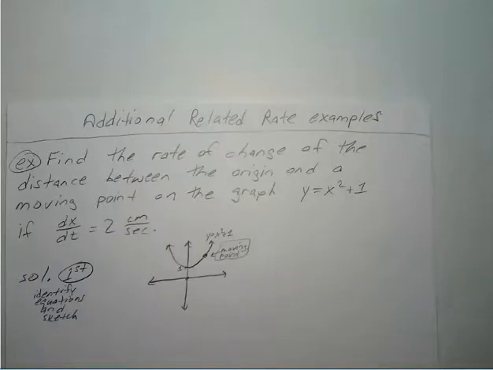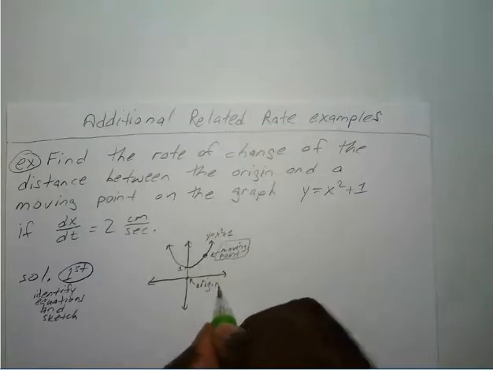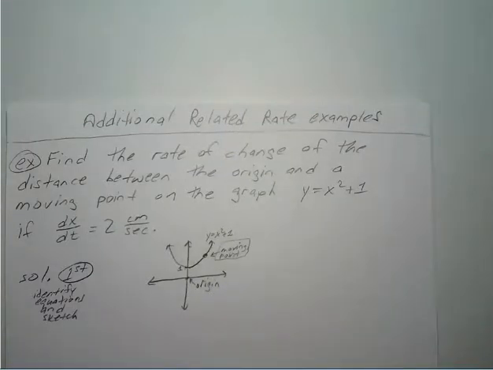We want to know the rate of change of the distance between the moving point and the origin, so we already know that this is our origin. What we're going to do is eliminate the graph, and all we're going to focus on is the moving point and the origin.